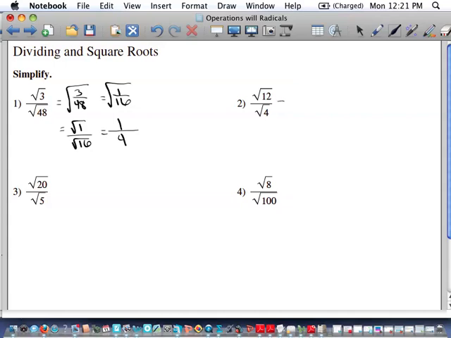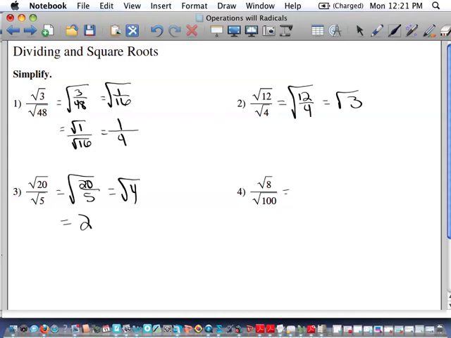Number 2, if we apply this rule, the square root of 12 over 4, 12 is divisible by 4. It just gives me the square root of 3, and that's my answer. Number 3, I can write as the square root of 20 over 5, which is the square root of 4, which is 2.